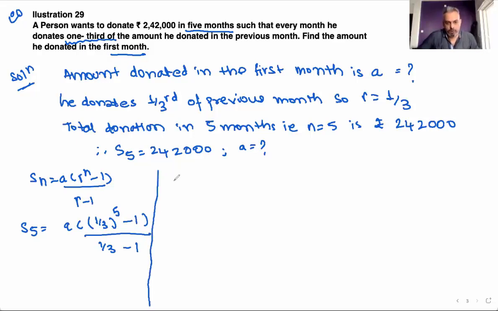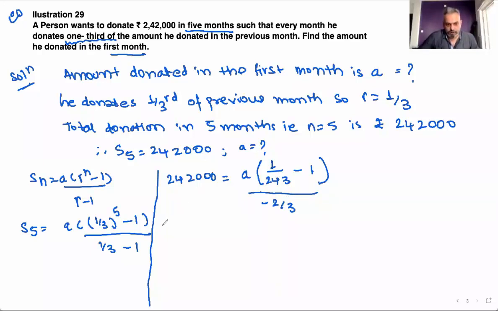So now 2,42,000 is equal to A into 1/243, 3 raised to 5 is 243, minus 1 upon 1/3 minus 1 is minus 2/3. Now minus 2/3 we cross multiply over here.